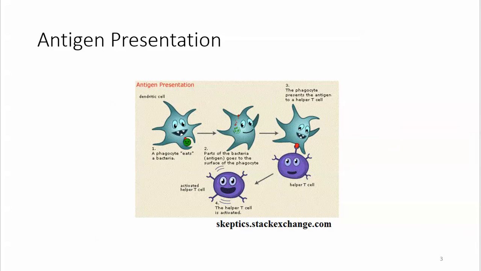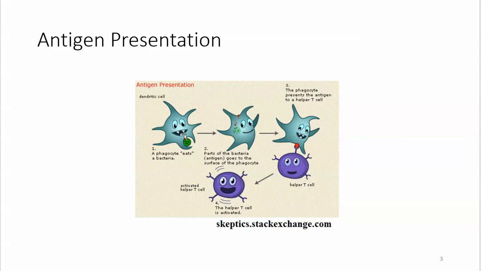Now, if you're looking at endogenous antigens, and we're talking about viral proteins in any affected cell, they're degraded and displayed on the surface of the cell. Now, for these T cytotoxic cells, you need MHC class 1. And the antigen presentation can be done by a dendritic cell or a macrophage.